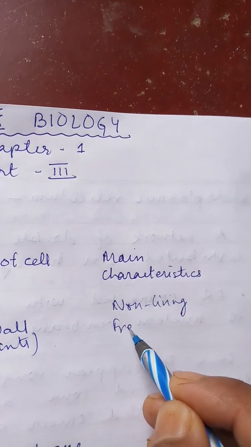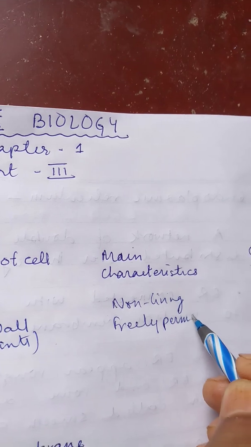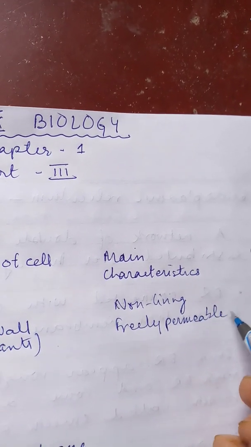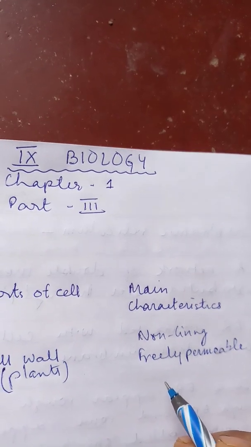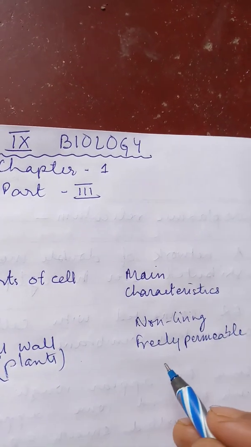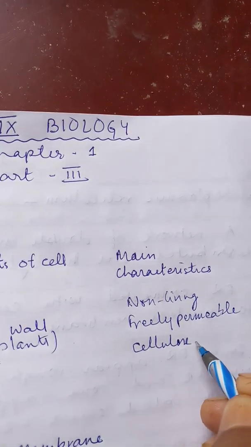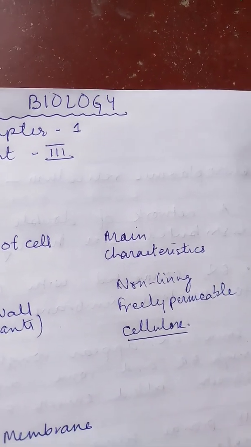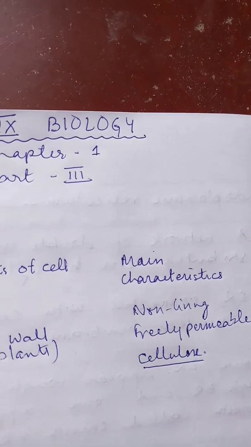Freely permeable means any substance can pass through the cell wall. It is mainly composed of cellulose, a rigid substance which provides rigidity to the cell.